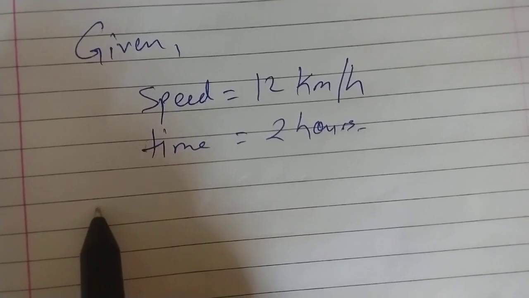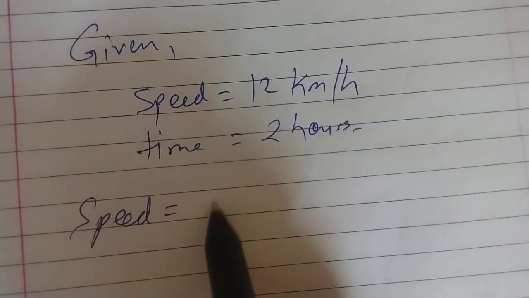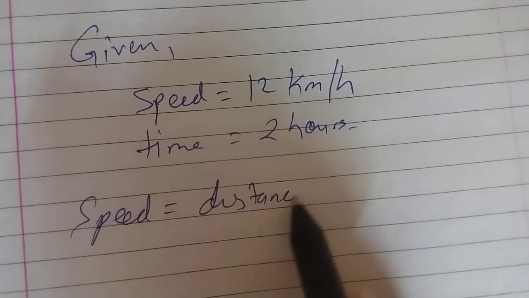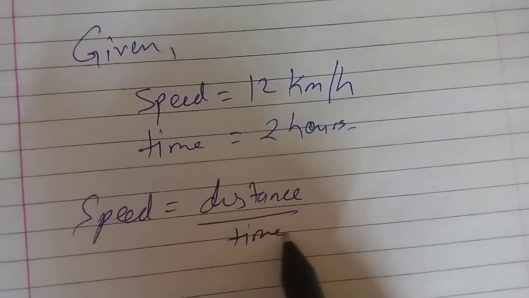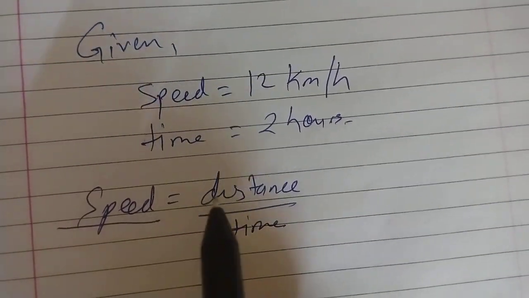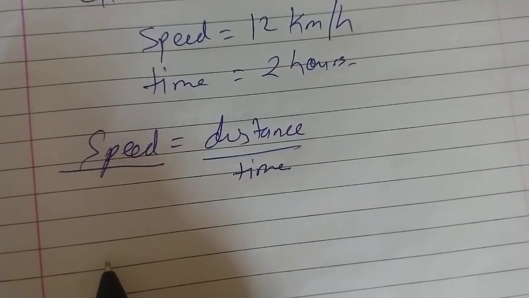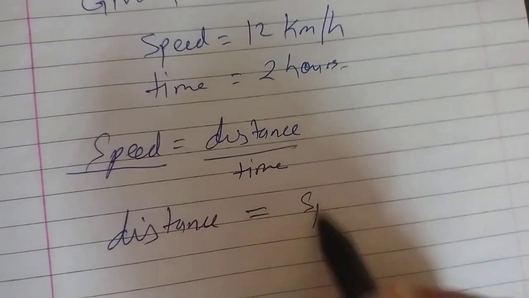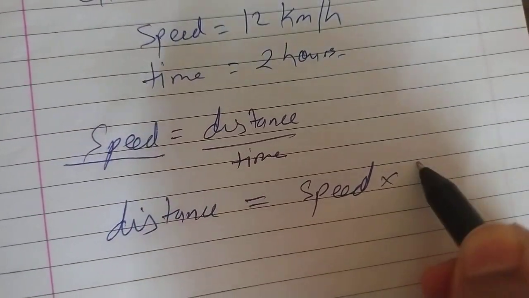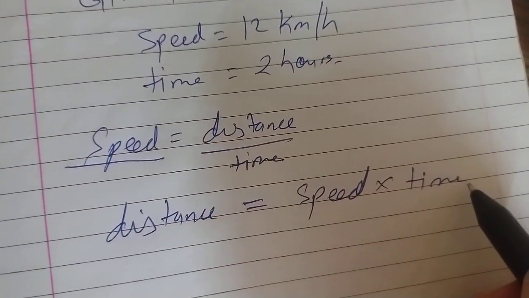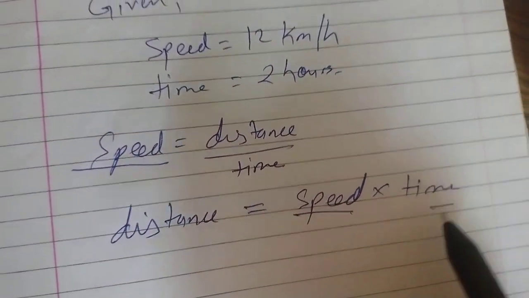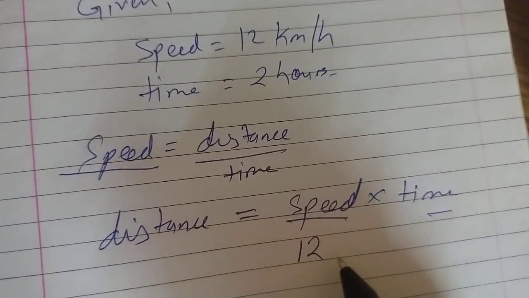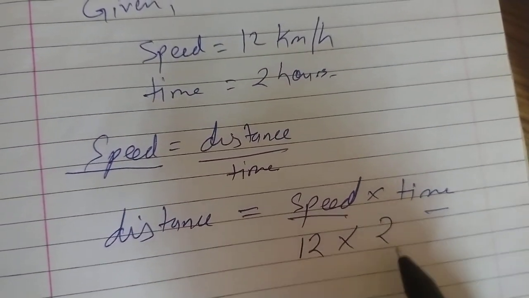Using the same formula, speed is equal to distance upon time. But this time we already have speed, so we'll rearrange this formula and it can be written as distance is equal to speed into time. We'll put the values of speed, 12, and time, 2 hours.